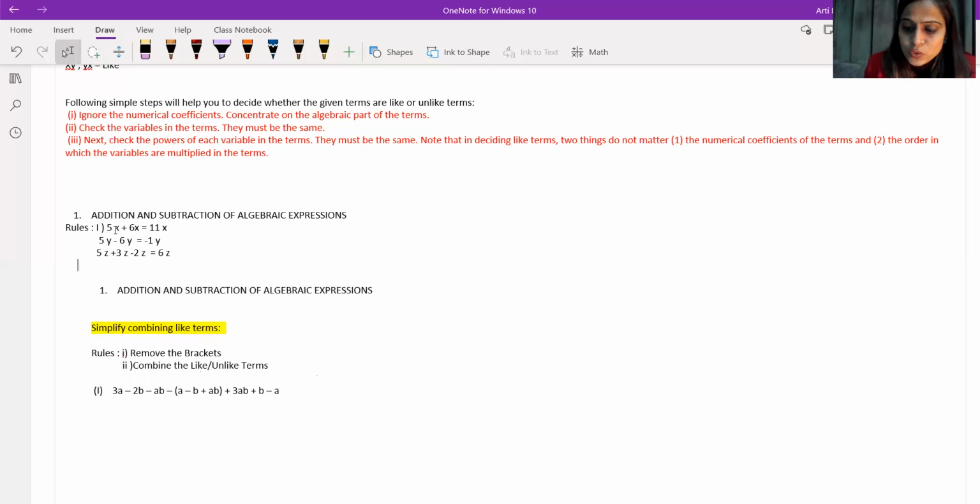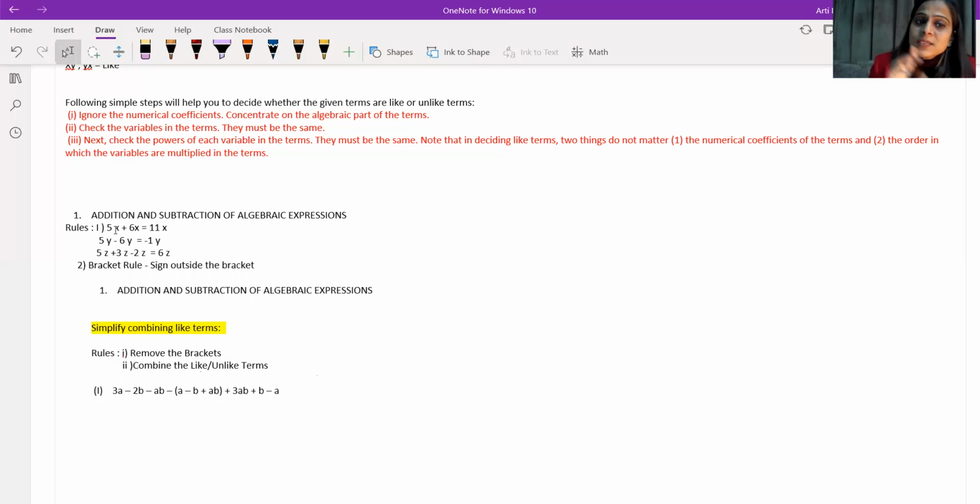The second is how to solve the bracket part. In order to open the bracket, the bracket rule is just see the sign outside the bracket. If we have a minus sign outside the bracket, then before the terms inside the bracket come out, all the signs will get changed.